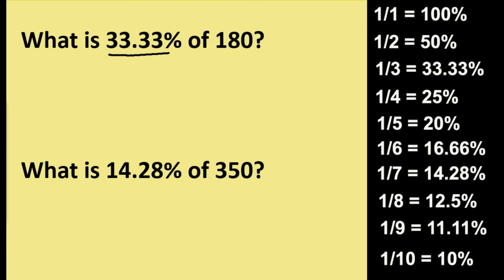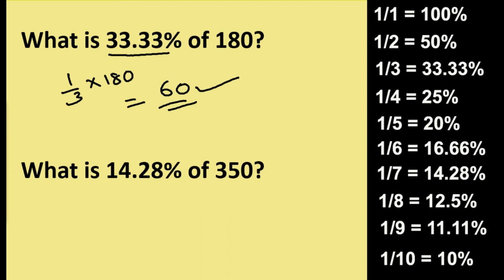This is very time consuming in aptitude exams. If you know this table by heart, you can use it directly. 33.33 percentage is 1 by 3. 1 by 3 of 180 is 1 by 3 into 180, which simplifies to the answer 60.